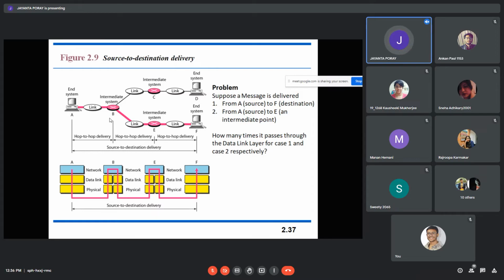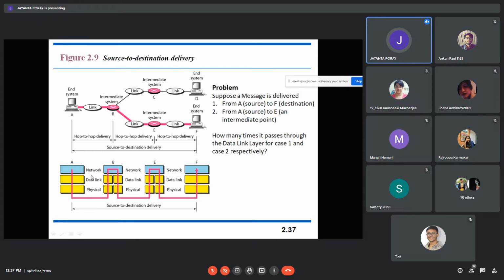When the packet is passing from point A, it passes the data link layer one time. Now, when it comes to the next intermediate point, which is B, a router, it passes through the data link layer two times. In each router, it passes through the data link layer two times, but it passes through the network layer only one time. Therefore, when it passes a router, it passes the data link layer two times.